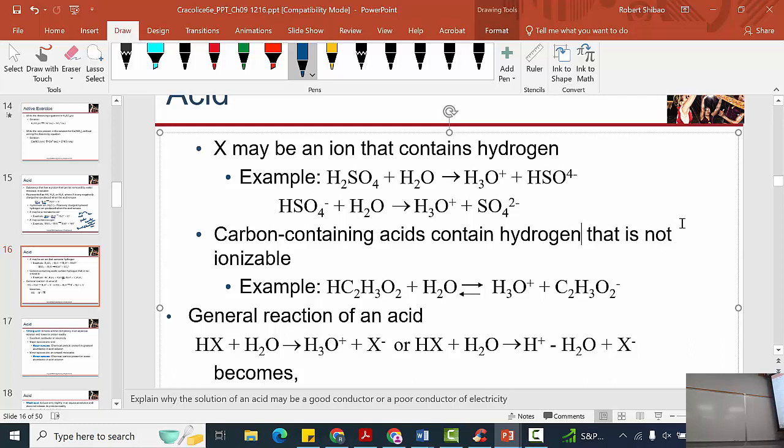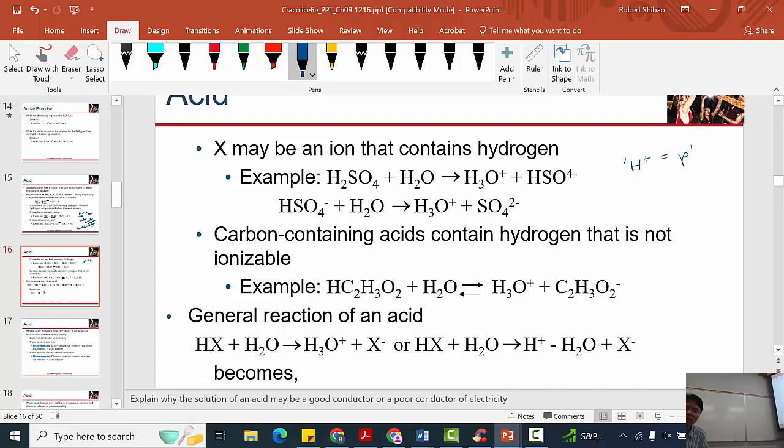This acid has two acid hydrogens, and since it has two acid hydrogens, we call it a diprotic acid. Protic is for the proton. H plus is the same as a proton. The most common isotope of hydrogen is H1, and so H plus is just a single proton.